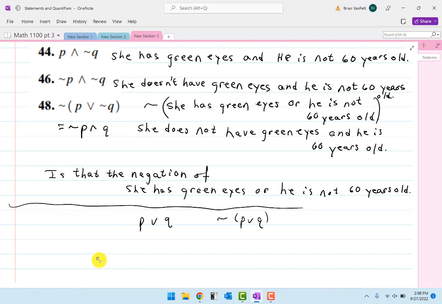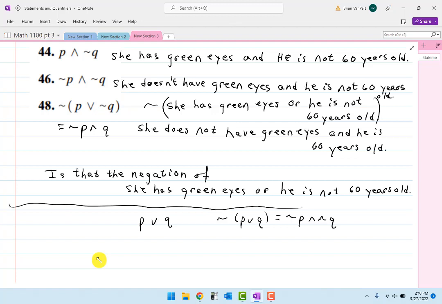Well, the negation of that means that we started with either one or the other was true, or both, and now we want both of them not to be true. So if you're saying the opposite of one or the other thing being true, the negation of it is that both of them are not true.